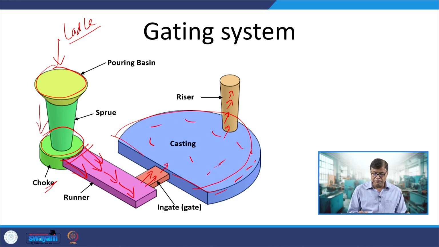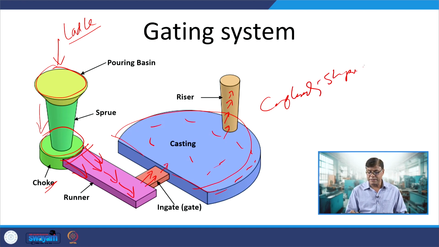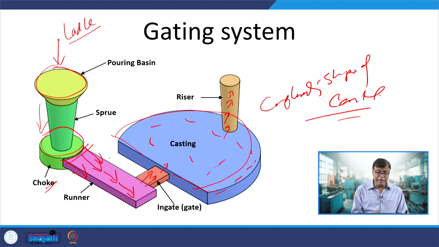Now, depending upon the complexity of the shape of the casting, the shape of the mold, we can use multiple runners and multiple ingates.